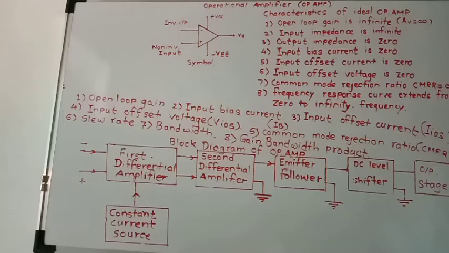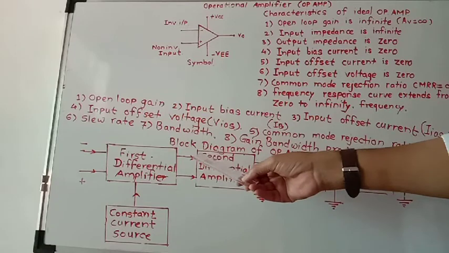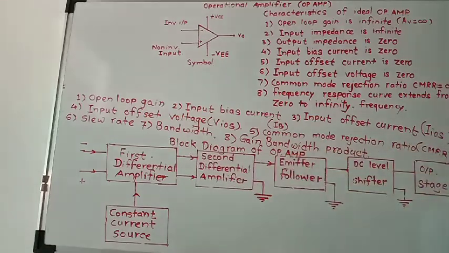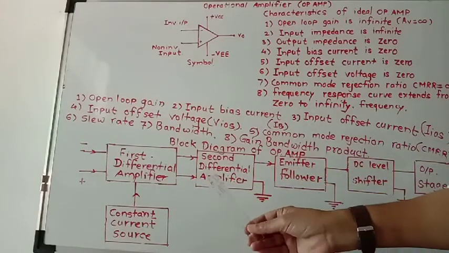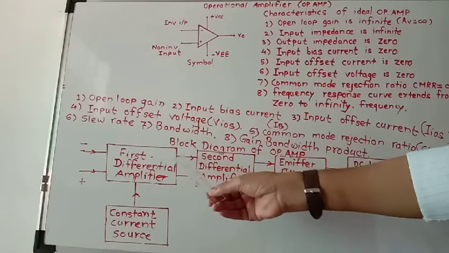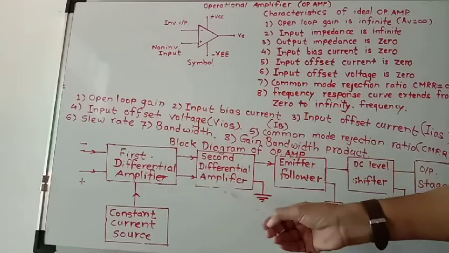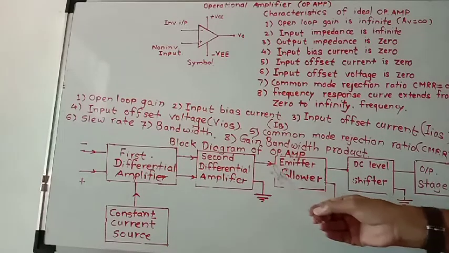Then we will see the block diagram of the op amp. This operational amplifier consists of a first differential amplifier, whose output is double-ended. These outputs are connected to the second differential amplifier, which has a single-ended output.